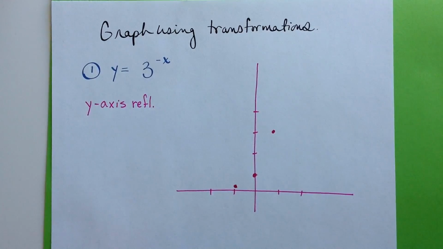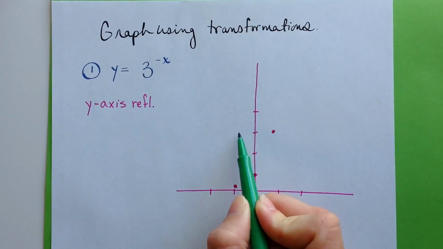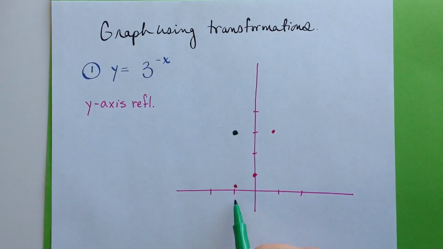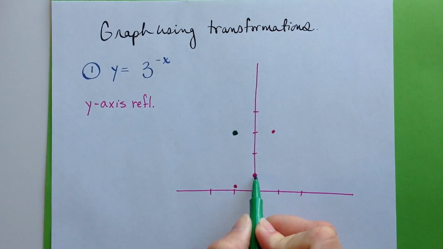And now I have to take those points and do the y-axis reflection. This point being on the right side, if you reflect it about the y-axis, it's going to come over to the left side, so it'll be lined up now with x equals -1. This point is not going to move.